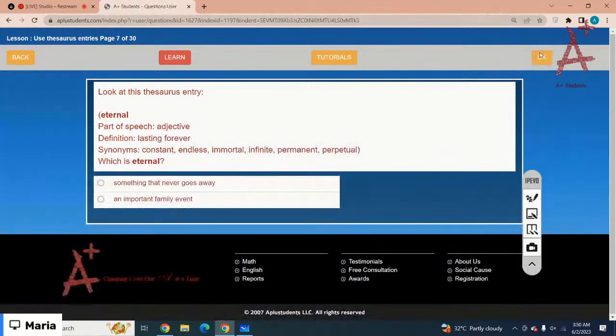Okay, look at the thesaurus entry eternal. So eternal is an adjective that means something that lasts forever. And the synonyms are constant, endless, immortal, infinite, permanent, or perpetual. So, which is eternal? Something that never goes away, or an important family event?